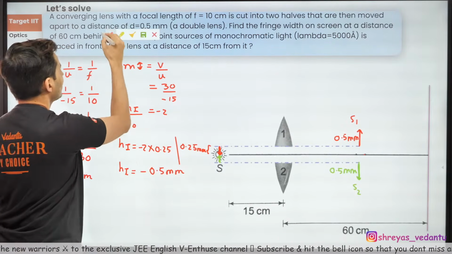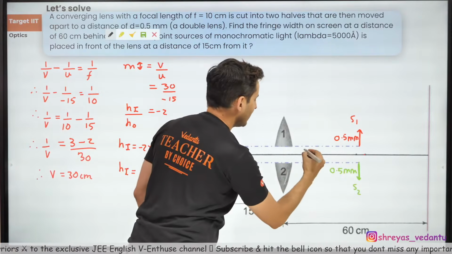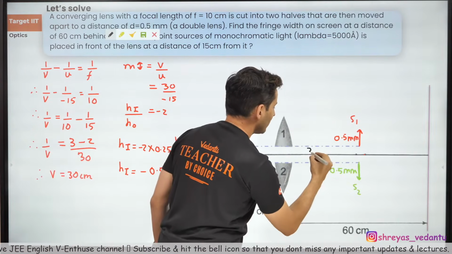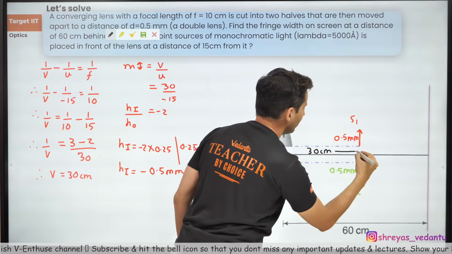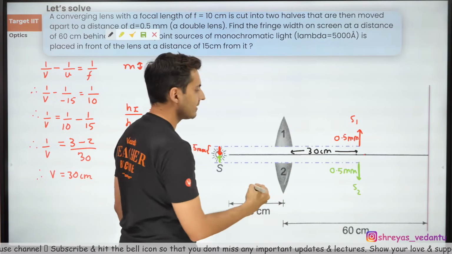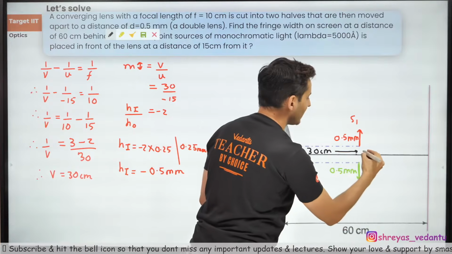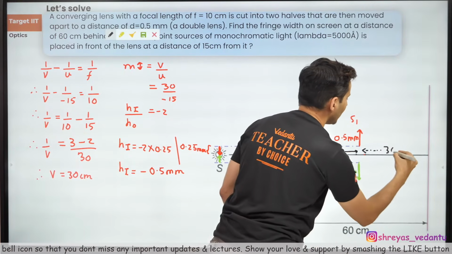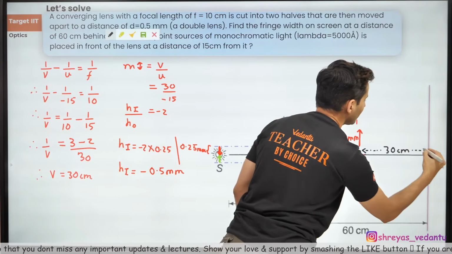And obviously, this distance is how much? I just got it, 30 centimeters. So I'll just put it over here. This is 30 centimeters. This is 30 centimeters. So from the screen, how much is this distance? 60 minus 30, which is again 30 centimeters.